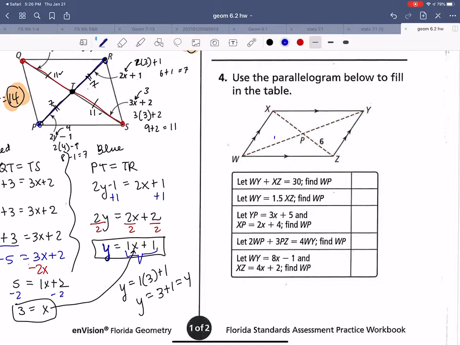Okay, so I'm going to call this, it says find WP. So I'm going to make X what I don't know and then solve it. But I know this is also X, right? Because these have to be equal because diagonals are bisected. So WY plus XZ is 30. Okay. And I know WY happens to be equal to 2X. X plus X is 2X.